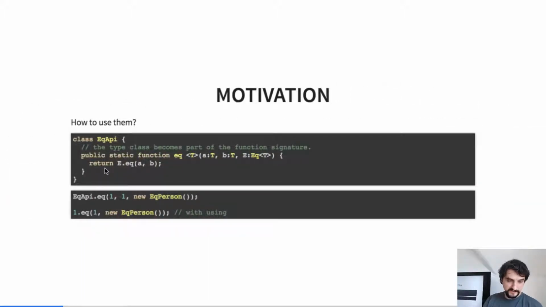So now the nice question: how to use this stuff? You can actually use it like this. You have some kind of static utility like this equal API, and you have a public static function which is called the same as the function that you defined in your type class, and you can use it like this.